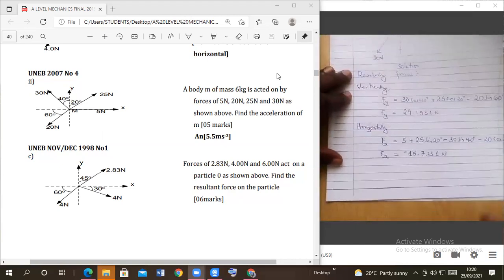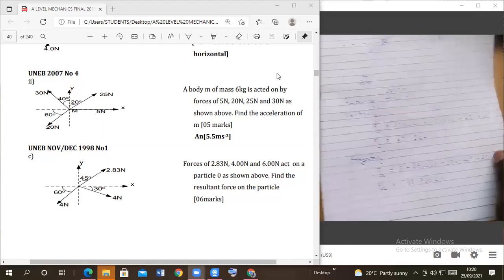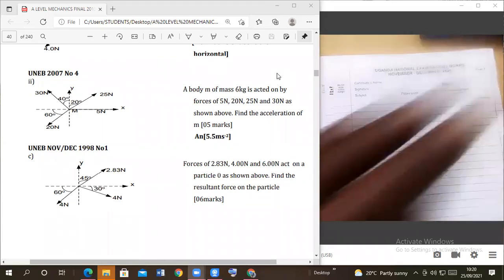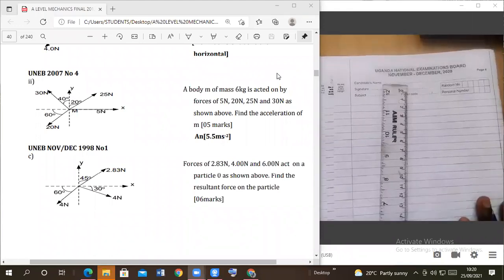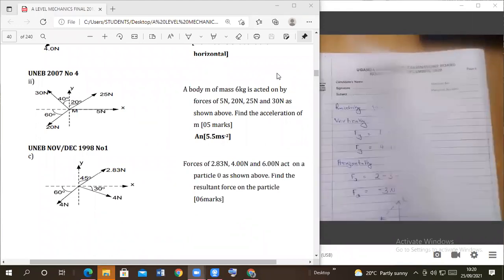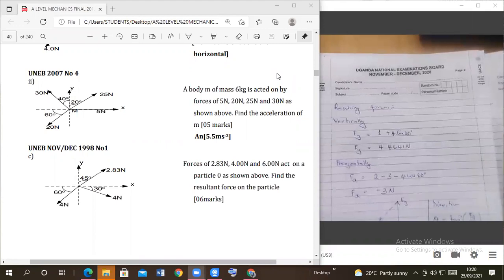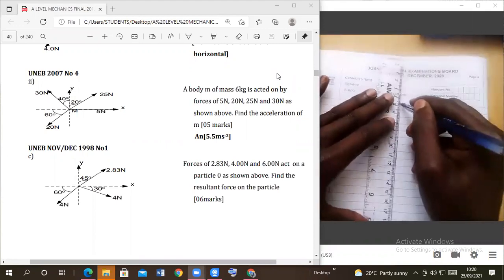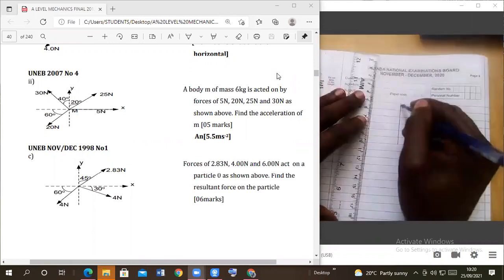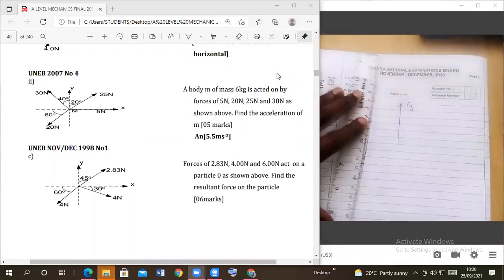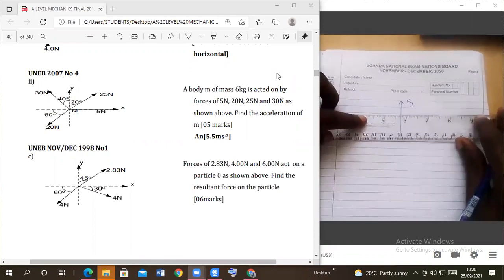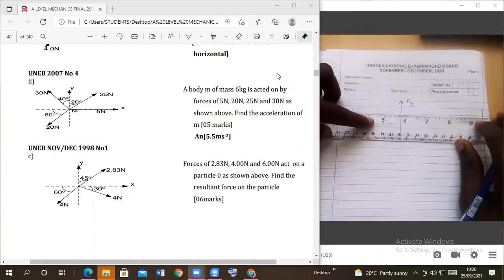Now let's get the resultant. By sketching, what was our x? Our x is negative, and then our y is positive. Which means I'll draw it like that. So this is our Fy. Then our x is negative, which means it will appear like this.